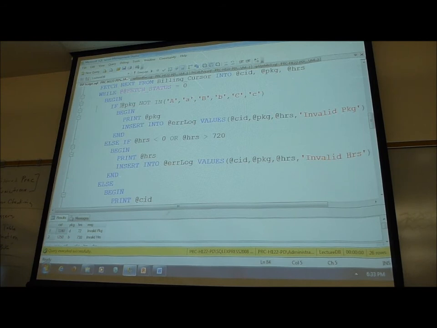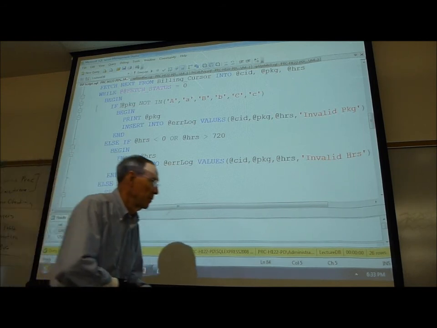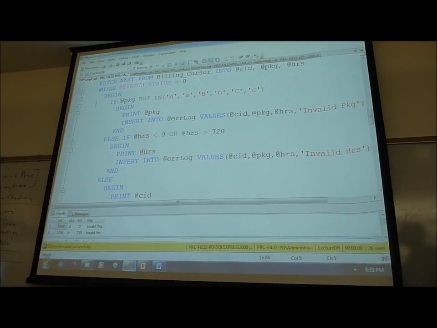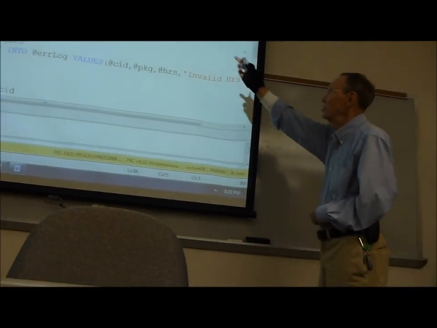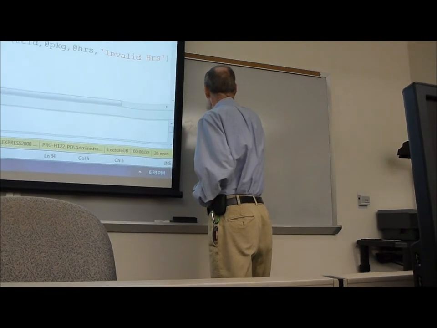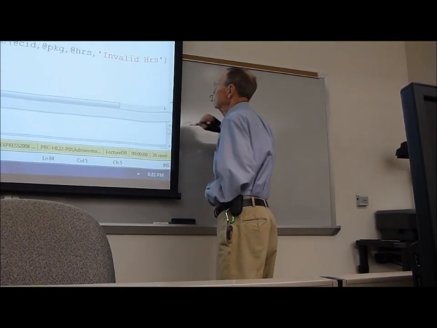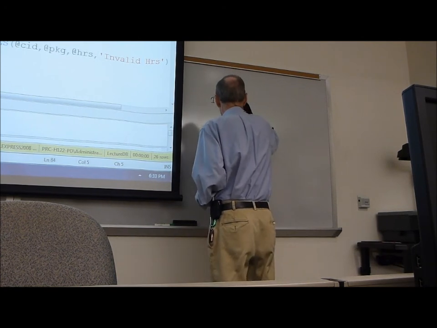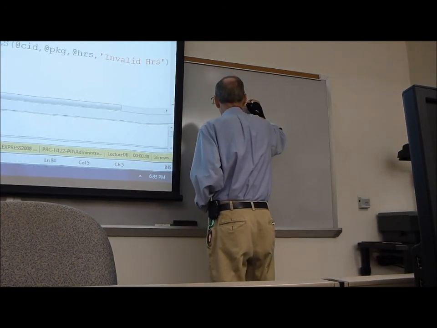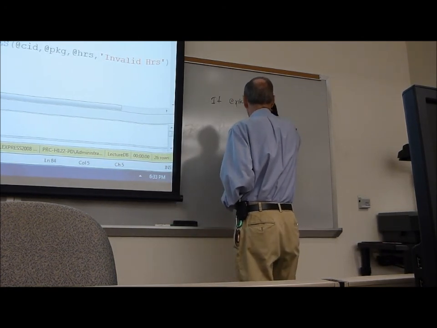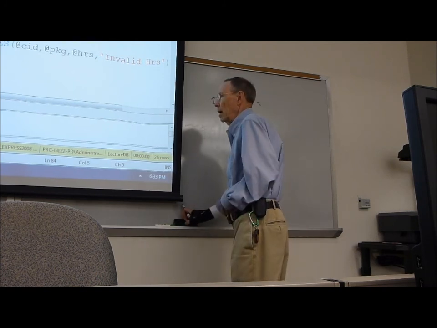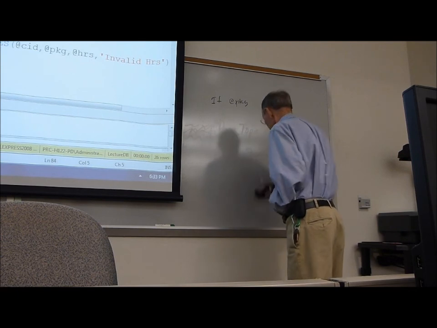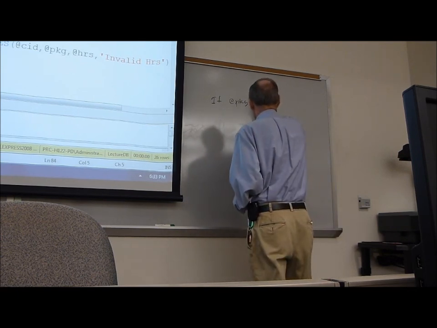What we're doing is we're checking, that's a nice shorthand. If the package, the PKG, not equal, and I may have gone into the C mode here. For us, it's going to be like that.